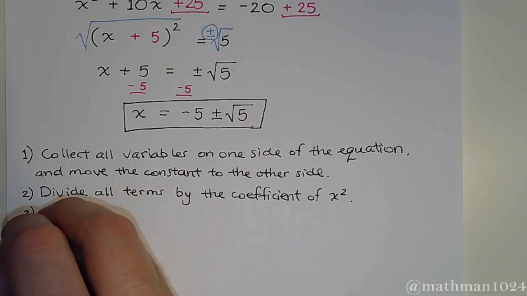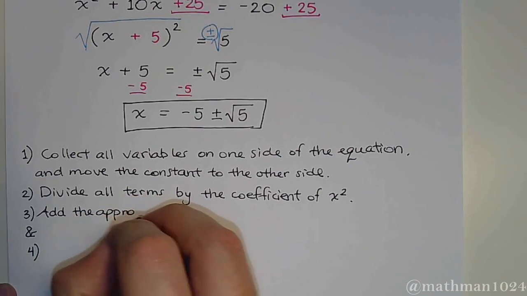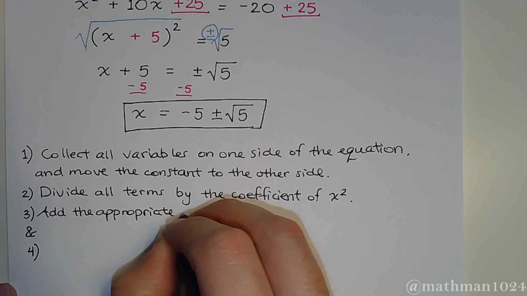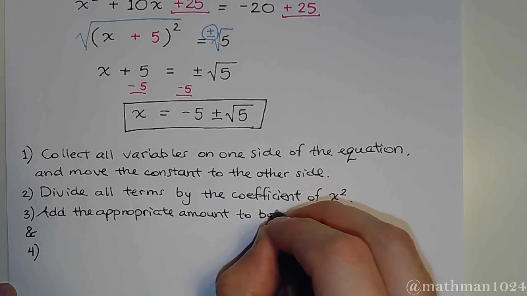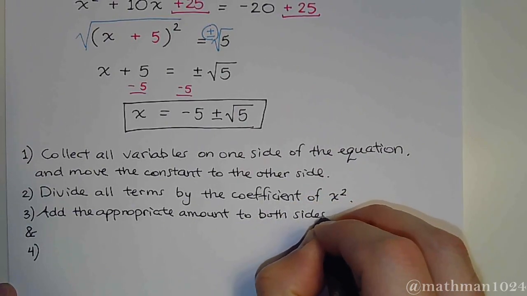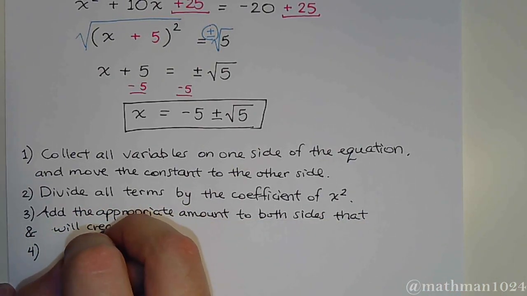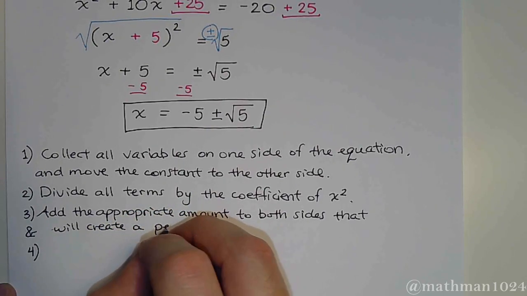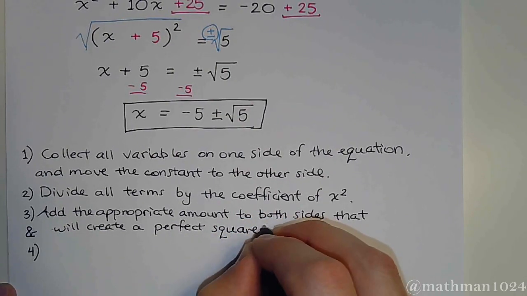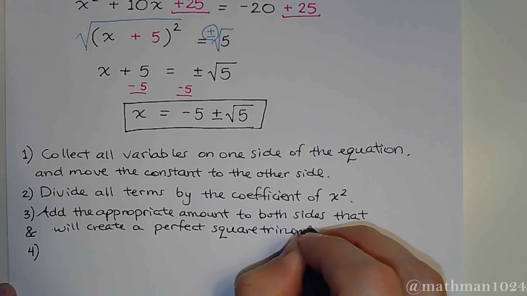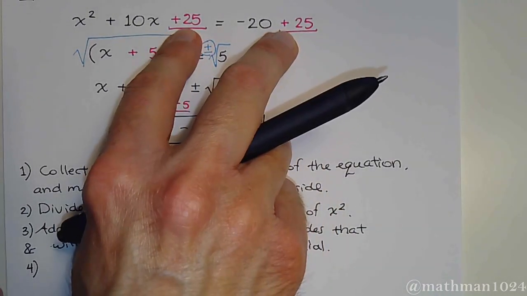Step 3 is to add the appropriate amount to both sides that will create a perfect square trinomial. The amount that we add to both sides is going to be that piece that we have right here, that plus 25.